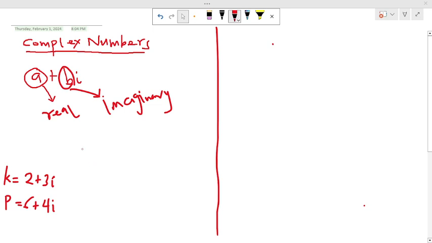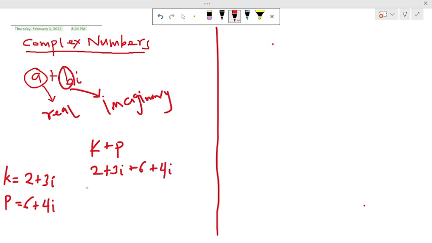For example, if you are asked to add two complex numbers, given that k is a complex number equal to 2 plus 3i, and p is a complex number given by 6 plus 4i, then k plus p will be equal to 2 plus 3i plus 6 plus 4i.